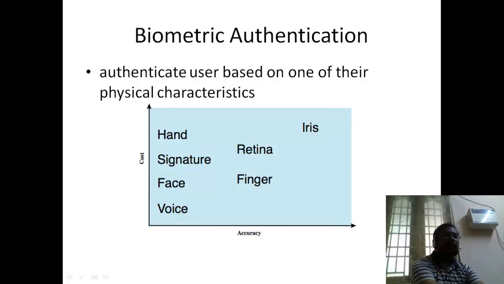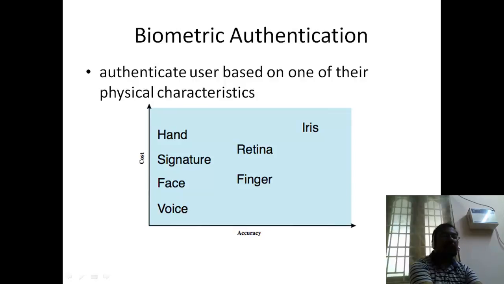It's always unique, and it's very difficult to manipulate. You authenticate the user based on one of their physical characteristics. That is what you actually do. We also take into consideration the cost and the accuracy.